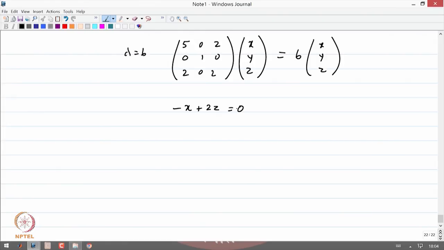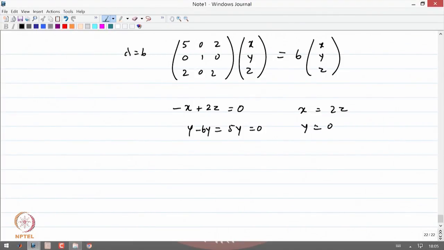Therefore, x is equal to 2z. Now, we need only one more equation because the determinant has to be 0 anyway as a homogeneous equation. So, the next equation is 0 times x plus 1 times y plus 0 times z is equal to 6y, or y minus 6y, which is 5y is equal to 0.